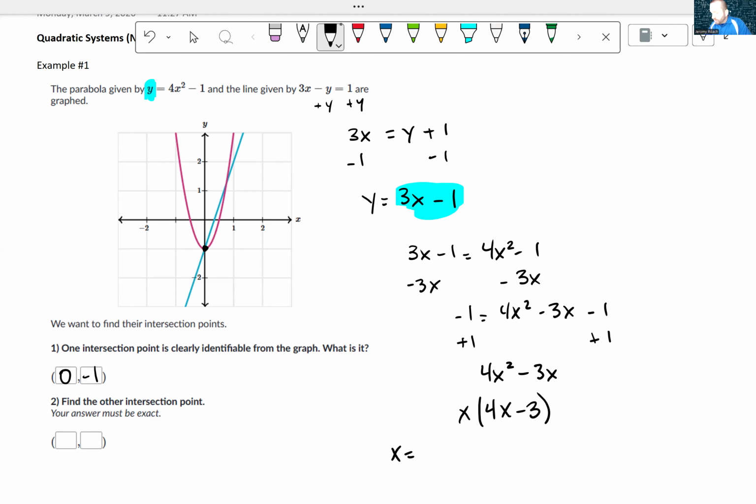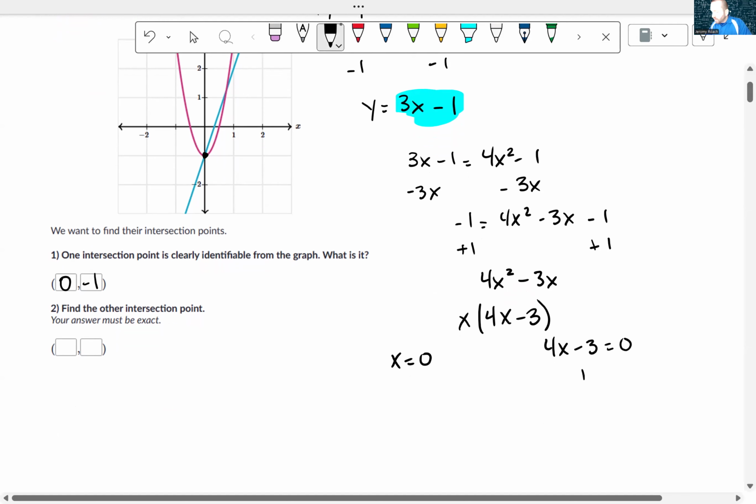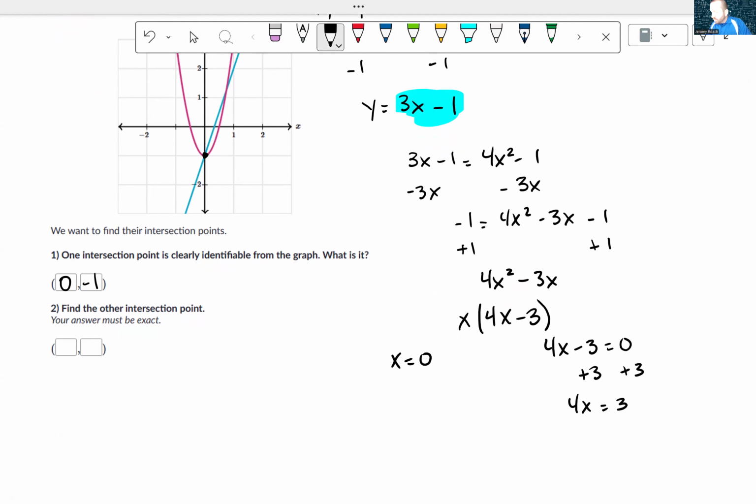So far we know x equals 0 from this x here, and that 4x minus 3 equals 0. We're going to solve this one for x. Divide by 4 on both sides, we get x is 3/4. So the second x value is 3/4.